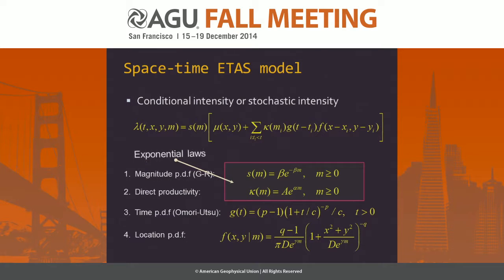The ETAS model is defined through the time dependent and observation history dependent seismicity rate function. In particular, those two exponential laws, one for the productivity function, one for the probability form of the Gutenberg-Richter law, magnitude frequency relation, are key points in the following theory analysis.